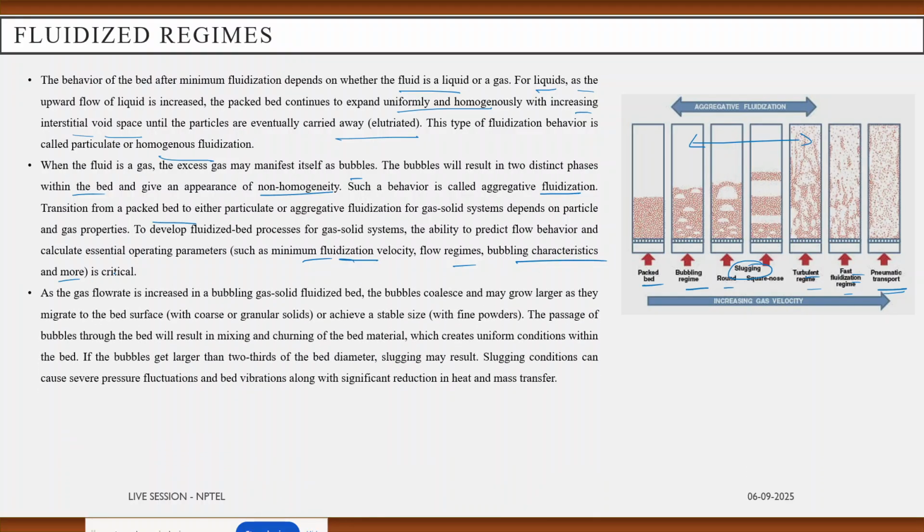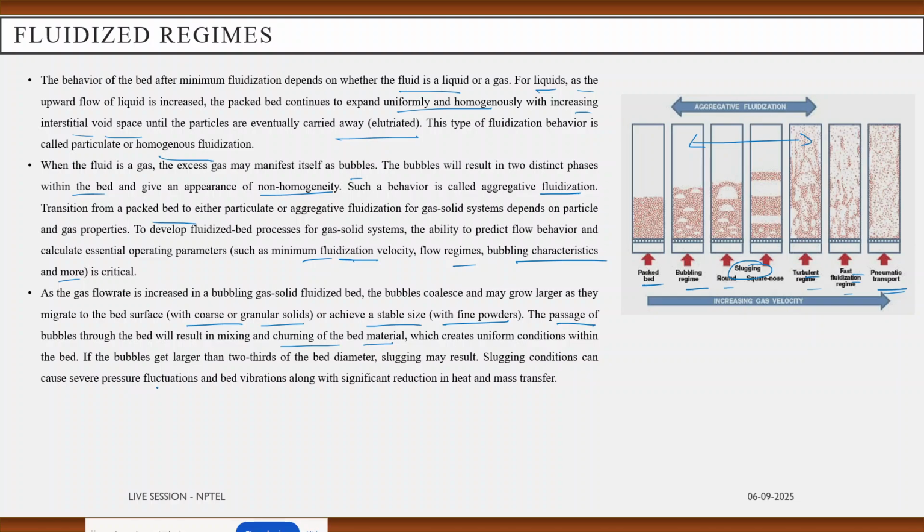As the gas flow rate is further increased in the bubbling gas-solid fluidized bed, the bubbles collide and may grow larger as they migrate to the bed surface with coarser and granular solids, or they achieve a stable size with fine powder. The passage of the bubbles through the bed results in mixing and churning of the bed material, which creates uniform conditions within the bed.